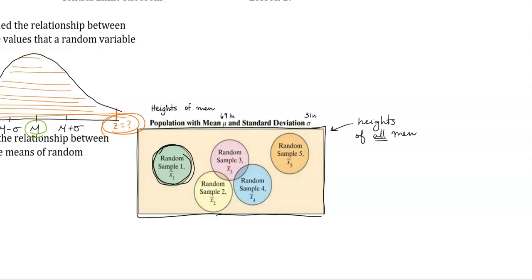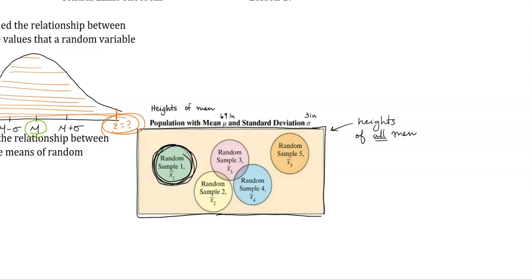Let's say that I just take one sample. Let's say I only take men that live in Rockingham County, or only men that live in Guilford County, or only men that have children. Any sample, it doesn't matter. What could I say about the average, the sample mean of that sample? How could I compare the sample mean of that sample?